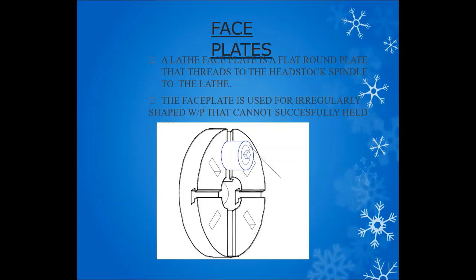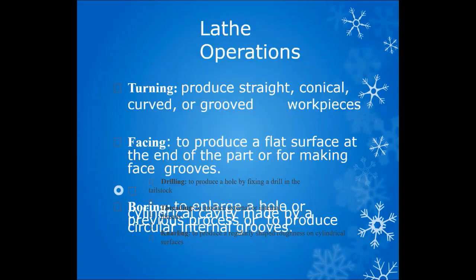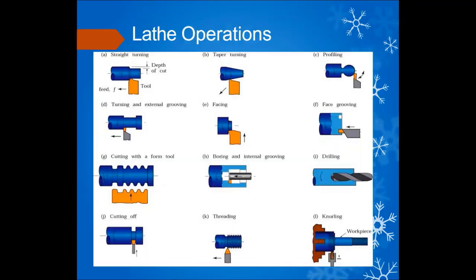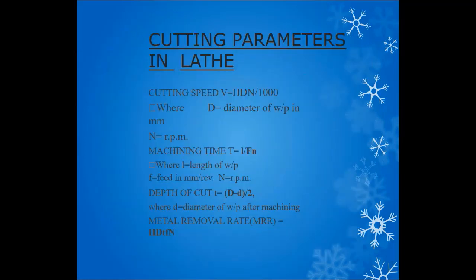Faceplate is the round plate used to adjust the lathe operation. These are all the various operations done in the lathe machine. Cutting parameters are diameter, speed, etc.